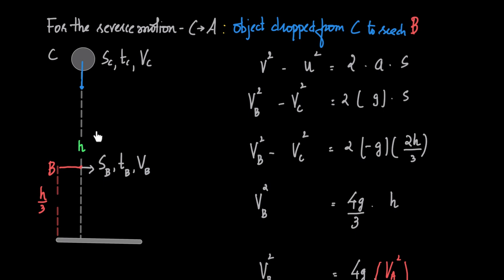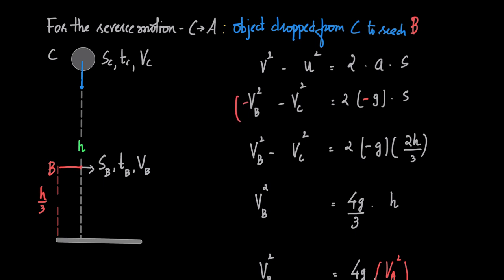So when we consider the same motion from C to B by the equation v square minus u square is 2as, where again minus VB, g is minus g. So minus VB square. Okay, now this is tricky. Why?